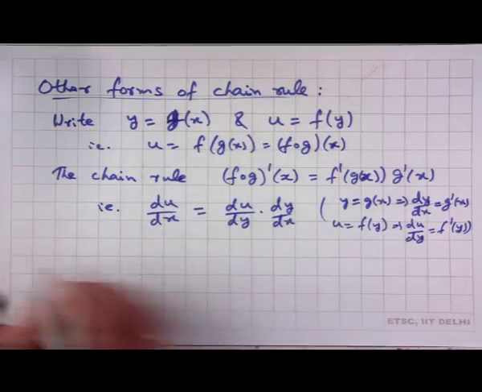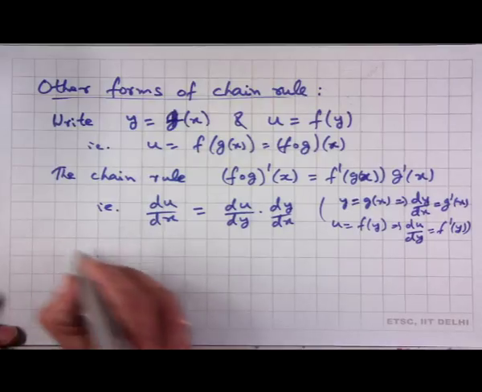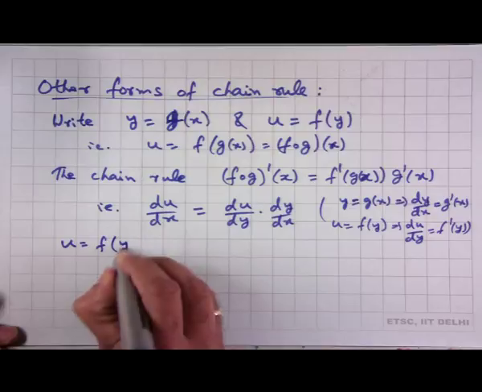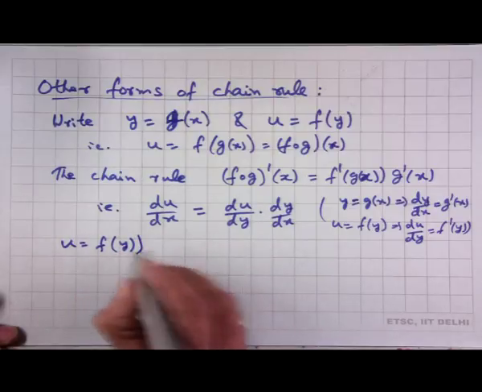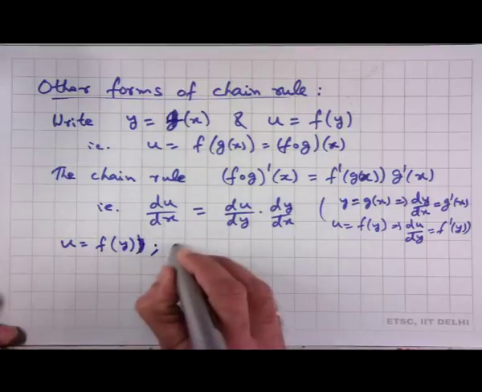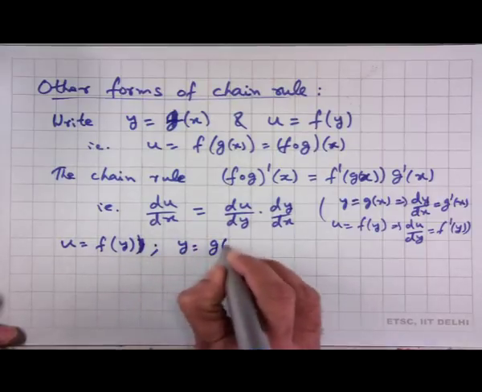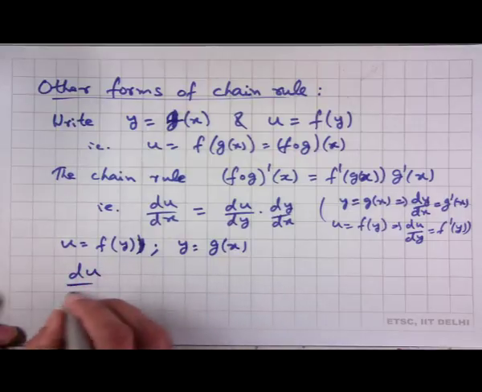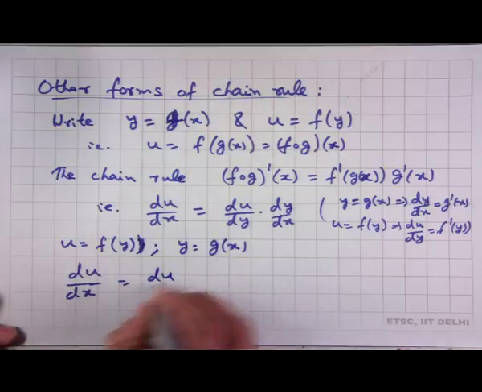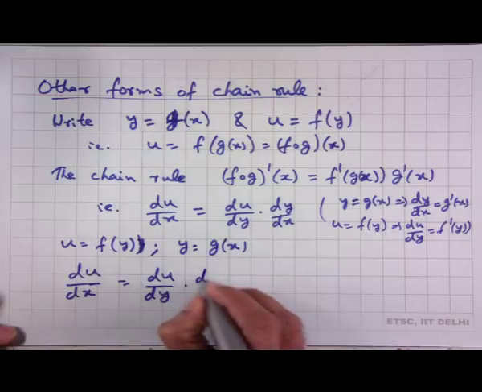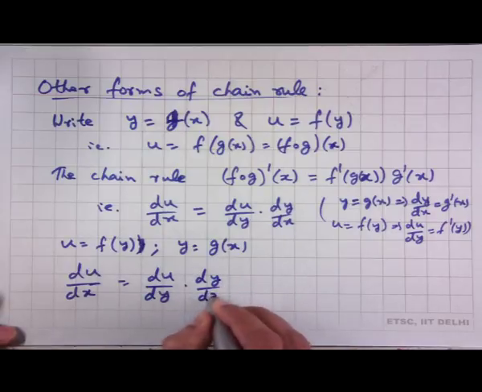So, we can remember the chain rule as: if I have u equal to f of y and y is g of x, then to find the derivative du by dx, you first find the derivative of u with respect to y and then multiply it by the derivative of y with respect to x.